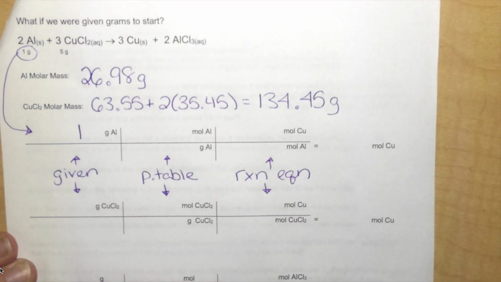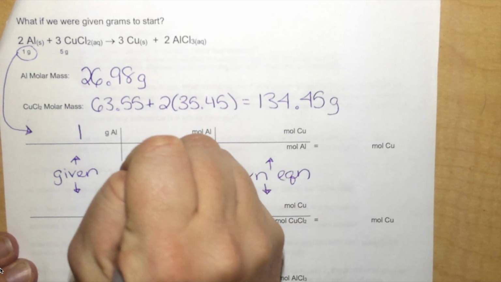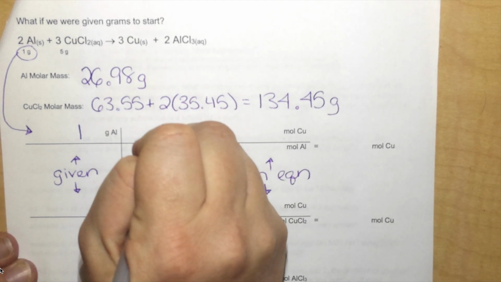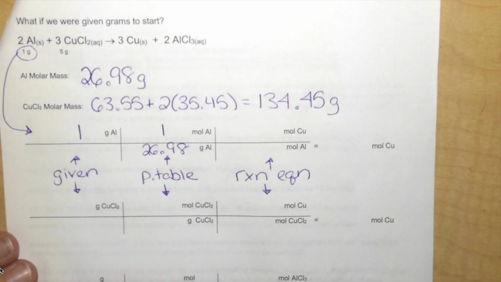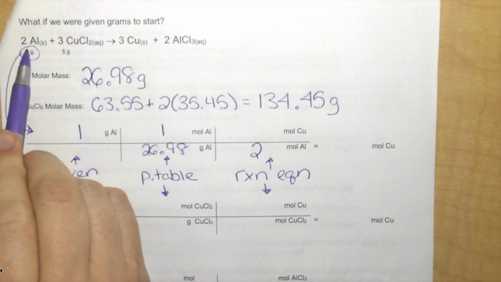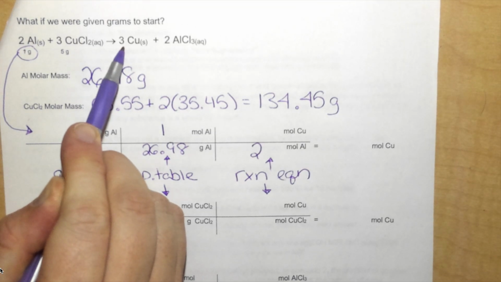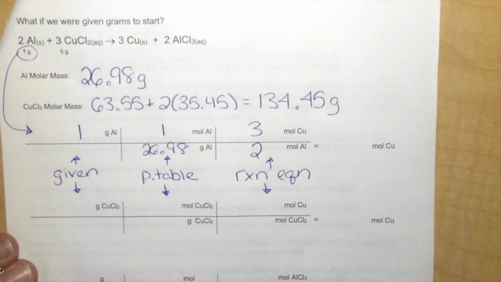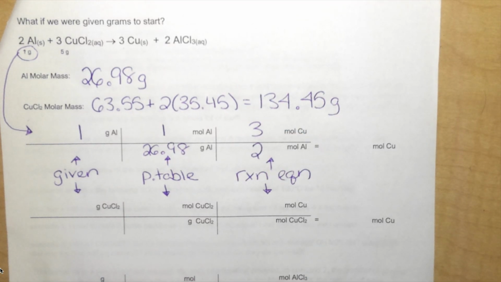So to do the aluminum to start, okay, I have 26.98 grams of aluminum in each mole of aluminum. And according to my equation, for every 2 moles of aluminum that react, I can make 3 moles of copper. So take a second, do the math out.